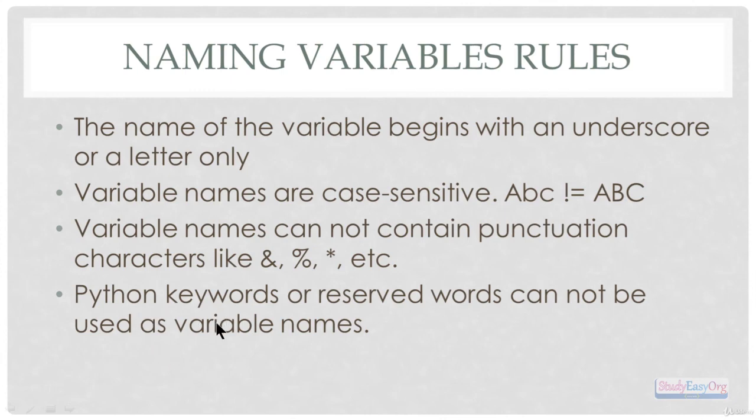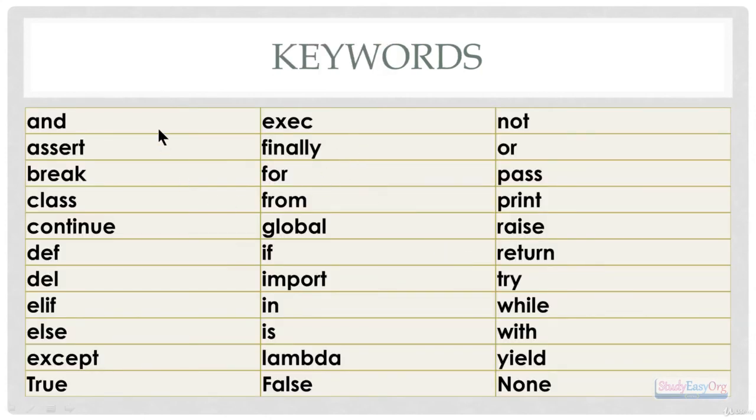Now moving forward, let us check yet another rule. Python keywords or reserved words cannot be used as a variable name. What are keywords? What are reserved words? So let us check this list. Here is the list of keywords. Take a note of it. Apart from that, there are a few identifiers and reserved words. Again, those cannot be used as a variable name.